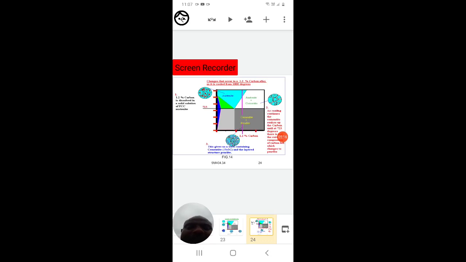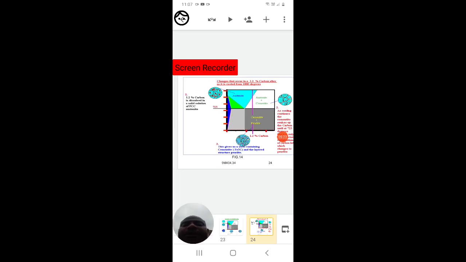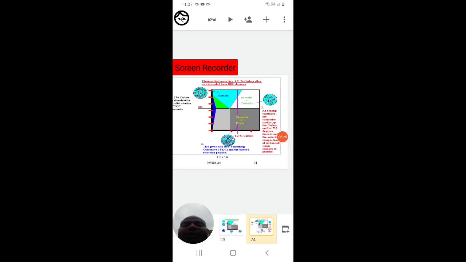Next you will see the cementite. These are the changes that occur in a 1.2% carbon alloy. It is cooled from 1000 degrees centigrade. You will see the second component, that is cementite.